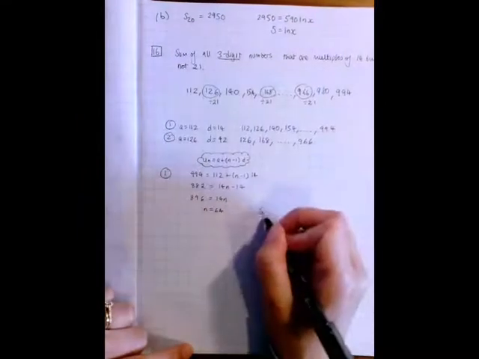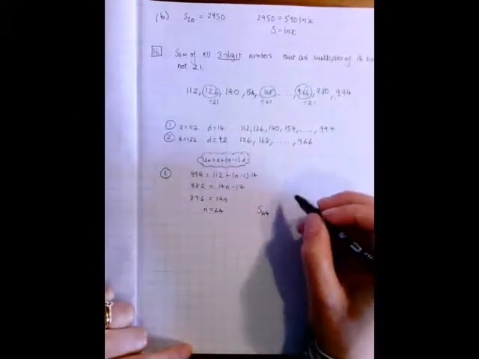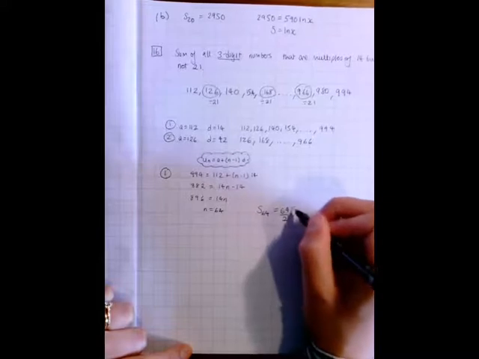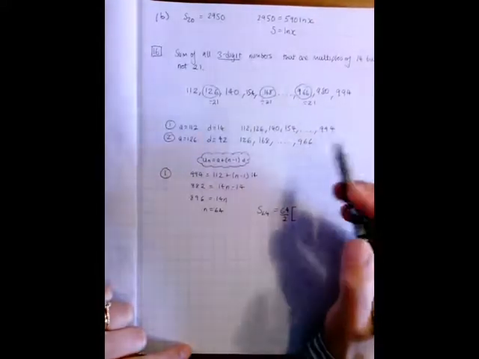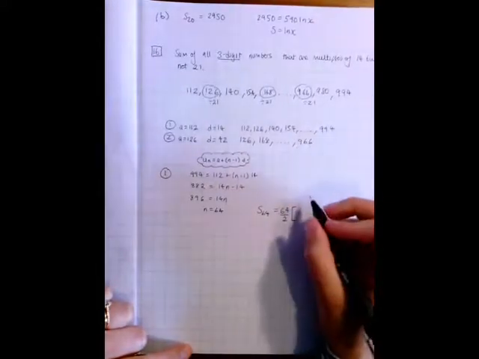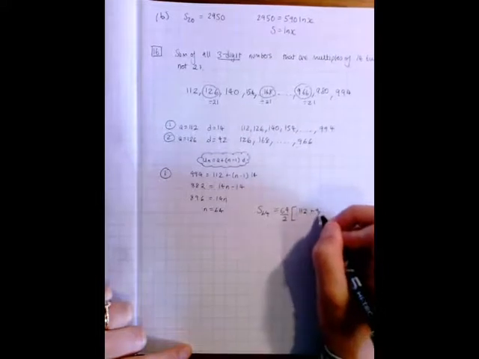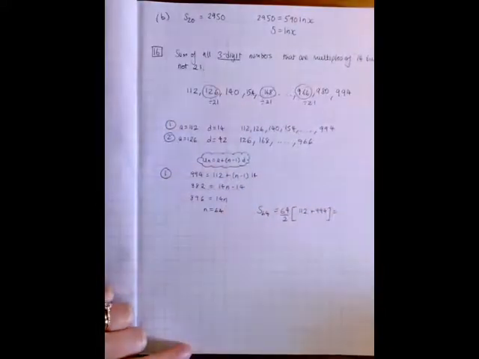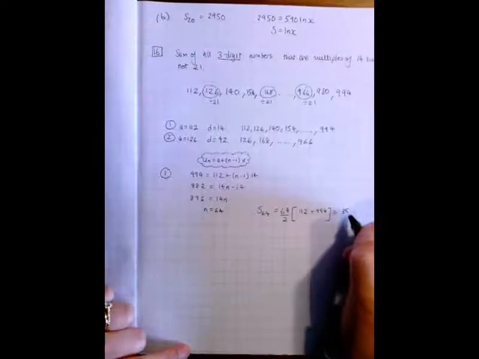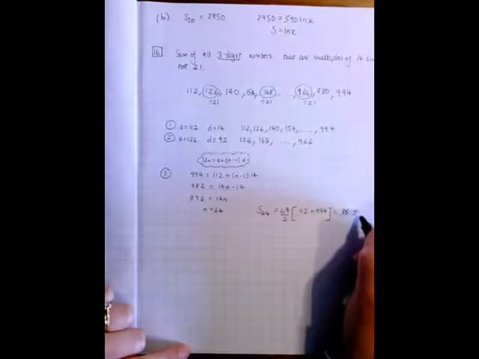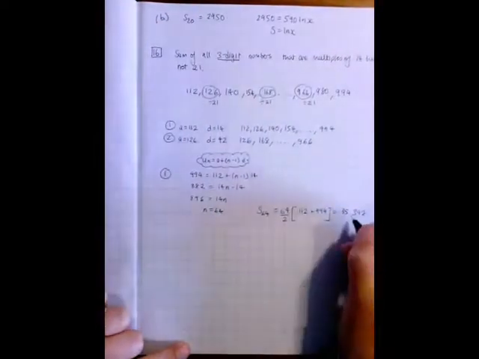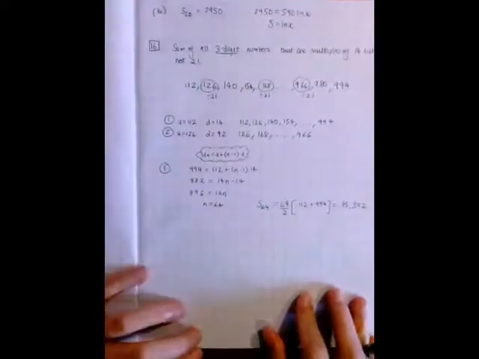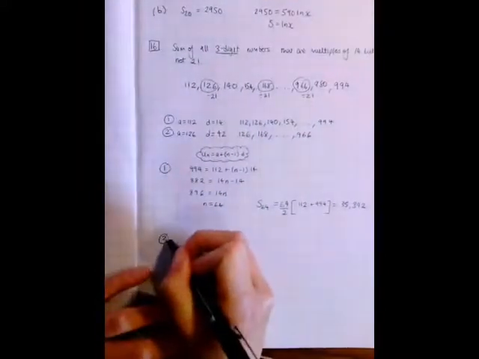So the sum of the first 64 terms would be 64 over 2, and we could use the a plus l one here because we know the last term, so 112 plus 994, which is 35,392. Right, that is one number. Now we've just got to do the same for the second sequence.